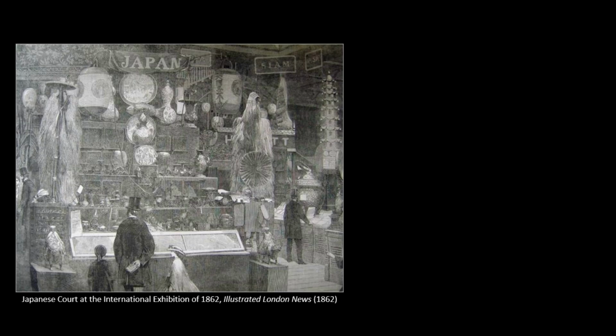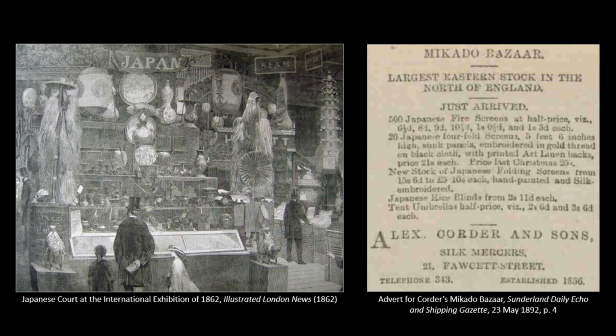Capitalizing on this trend, the enterprising Corder opened a Japanese extravaganza called the Mikado Bazaar inside Corder House. This sold Japanese wares such as fans, parasols and screens.